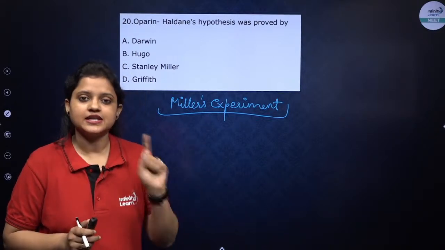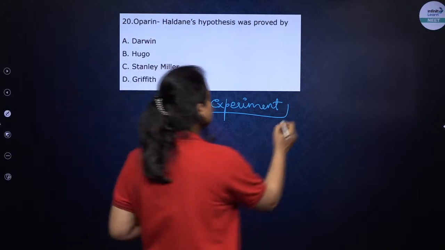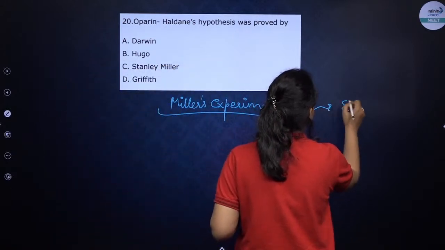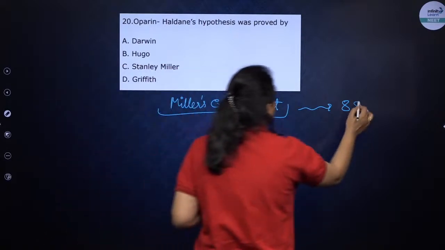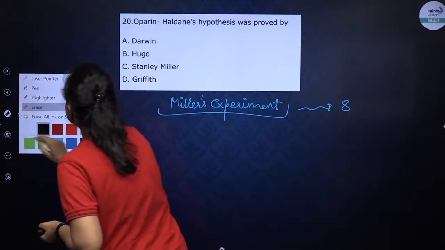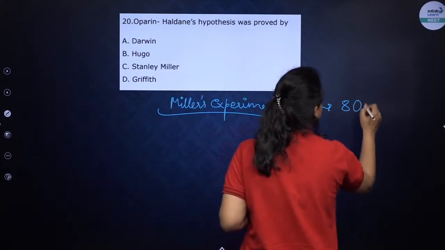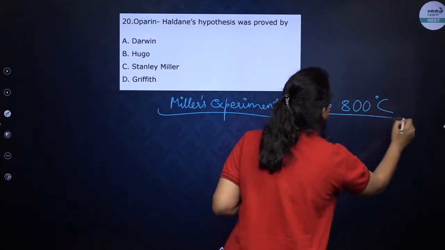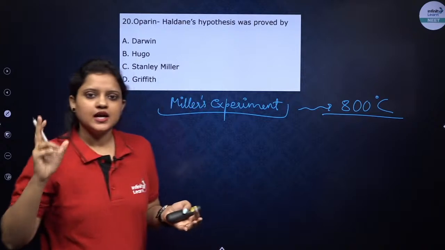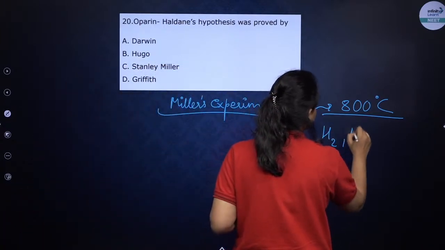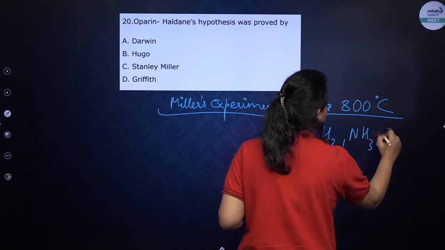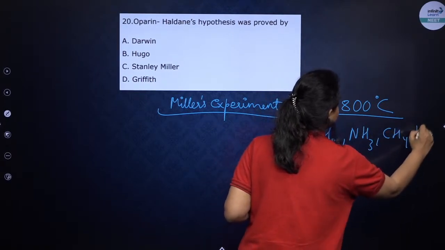And he raised the temperature to 800 degrees Celsius, asked in your exam. Temperature was raised to 800 degrees Celsius. The gases that he took in his experiment were hydrogen, ammonia, methane and water vapor.